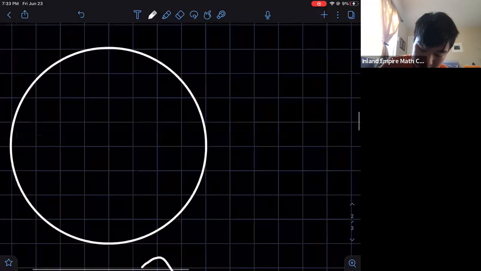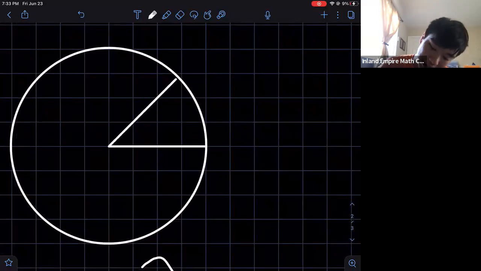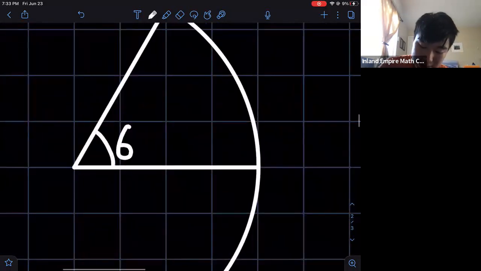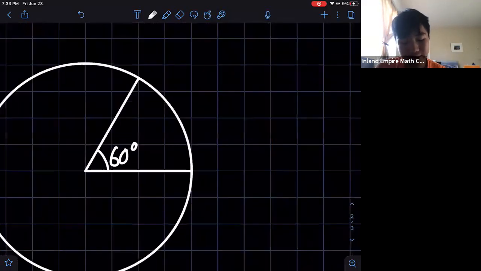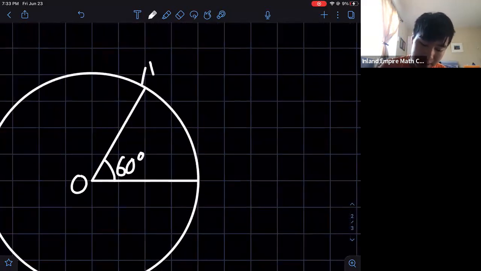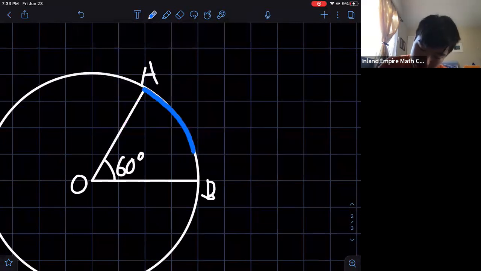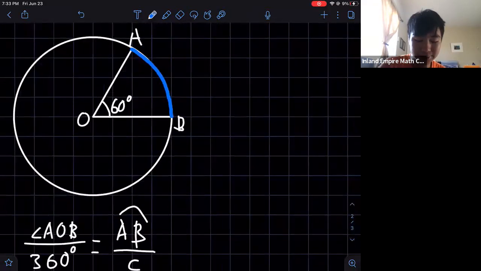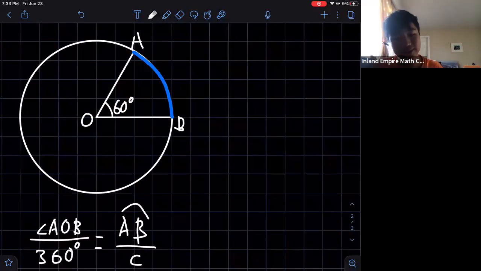Let me draw a random angle right here, and let's say this angle is 60 degrees. Then what is the length of AB? What is the length of this blue arc right here? What is this blue arc length?